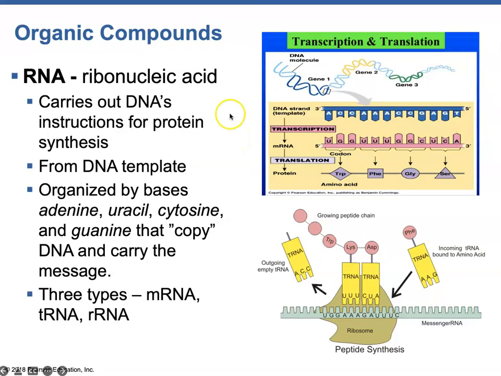That's why it's called transcription: it's transcribing, that's called copying, that portion of the DNA that it needs. Then it leaves the cell, so it's called messenger RNA, mRNA, and it goes to this protein structure called a ribosome, so that's what you see here, and it'll translate what the code was that it copied.